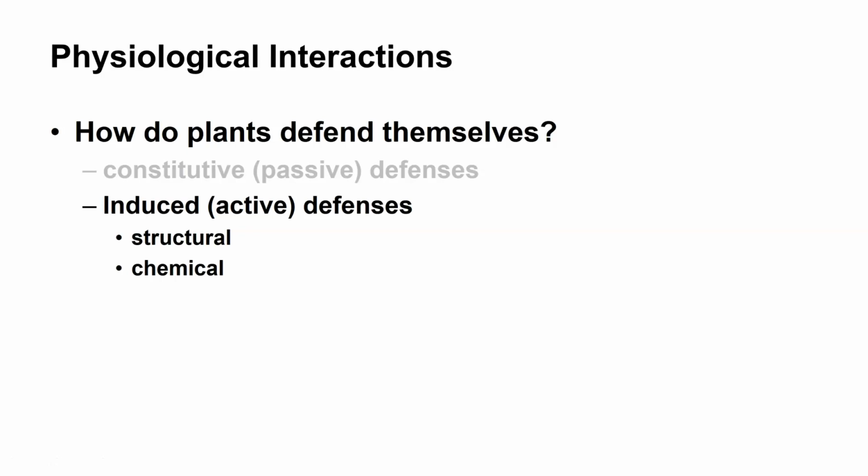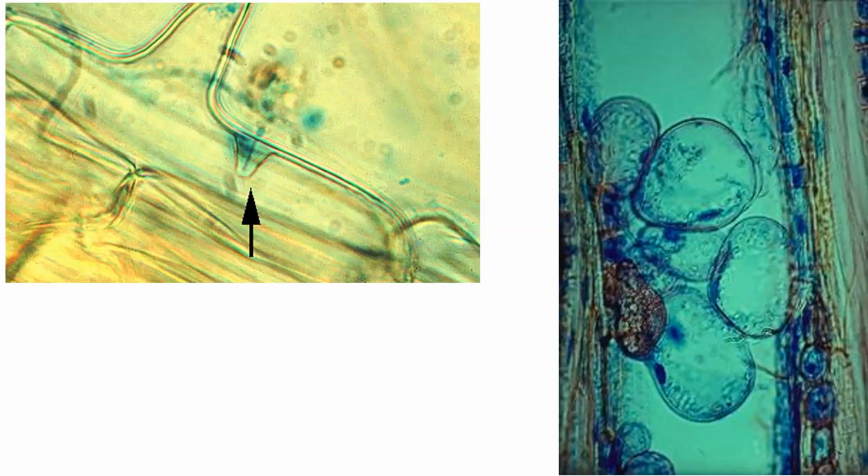We also have what we call induced or active defenses. These can be structural or they can be chemical. If we look at these two photographs, the one in the upper left-hand side, you can see where the arrow is pointing to a place where the pathogen has tried to put its penetration peg through. The plant is reacting to this by increasing the thickness of the cell wall at that spot.